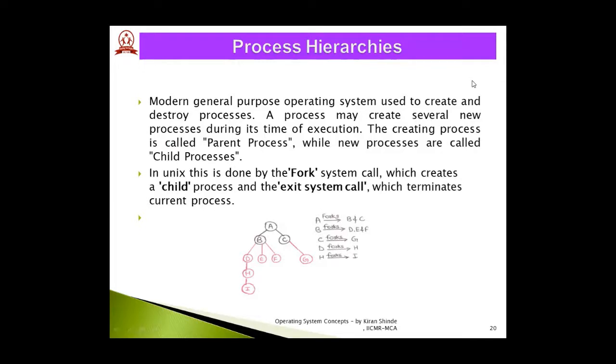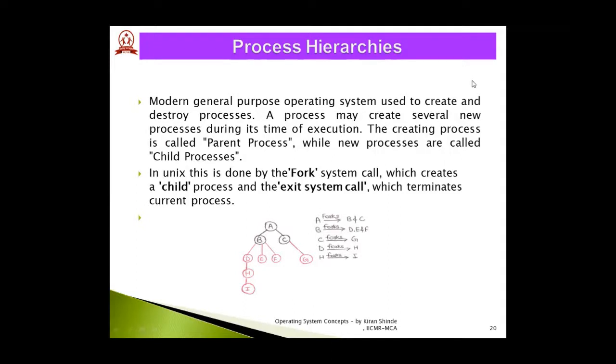Modern general purpose operating systems create and destroy processes. A process may create several new processes during its time of execution. The creating process is called the parent process, while the new processes are called child processes or children processes.